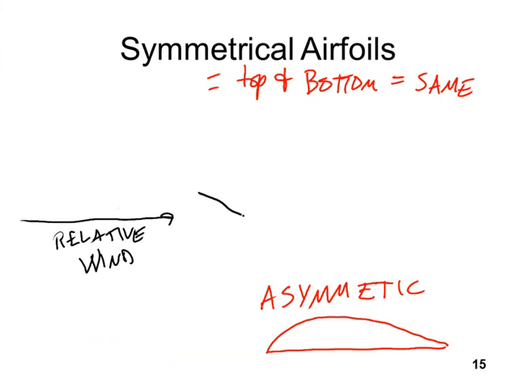So let's have the chord. Let's see if I can draw a symmetrical airfoil. It's going to be tough. It's hard to draw sideways. We'll say that this is symmetrical.